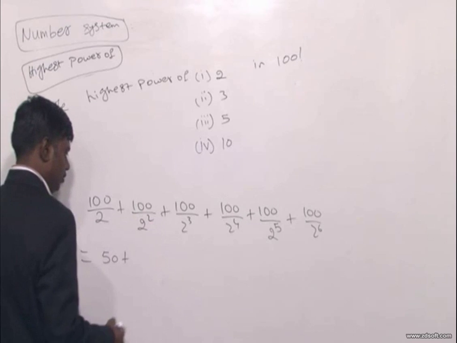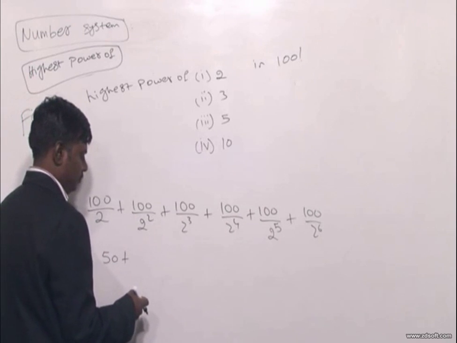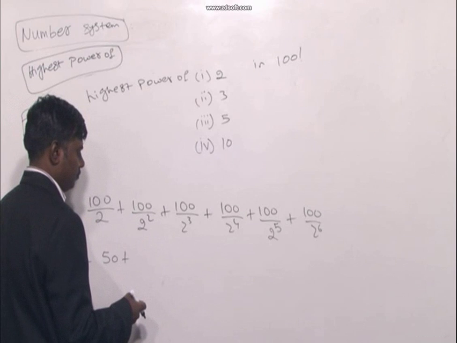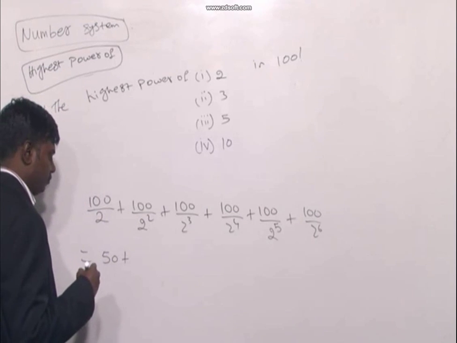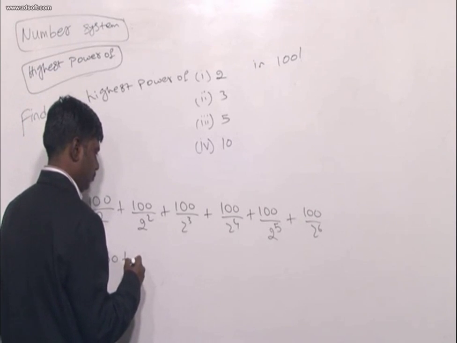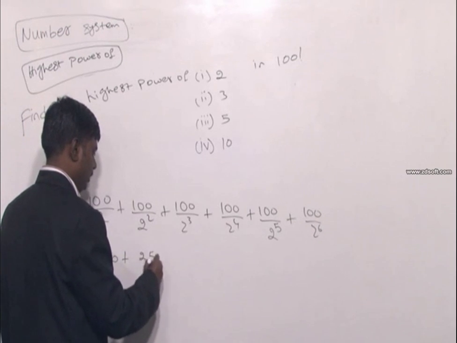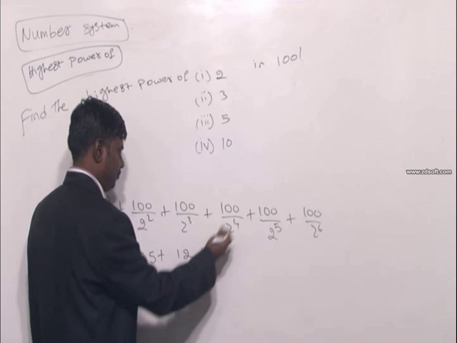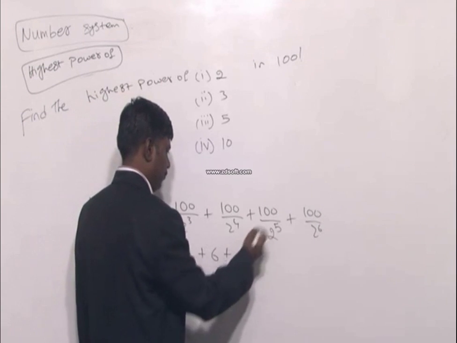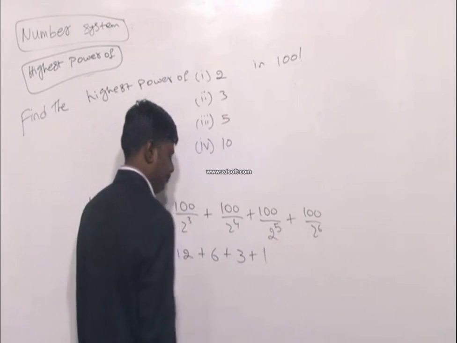50, 100 by 2, or you can say 50 by 2, 25 by 2, 12 by 2, 6 by 2, 3 by 2, 1.